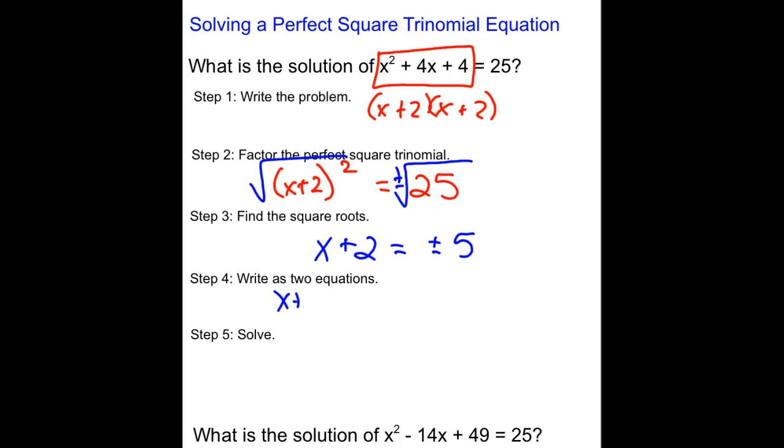We have x plus 2 could equal a positive 5, and we have x plus 2 could equal a negative 5. We need to solve both of those. All right, so I'm going to subtract 2 over, and I end up with x being 3 or negative 7. Questions about that one?